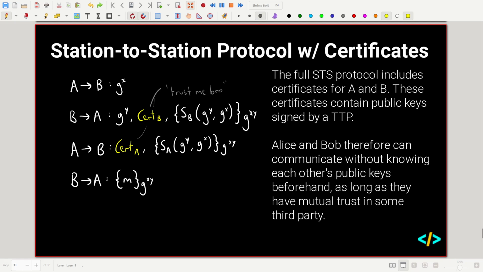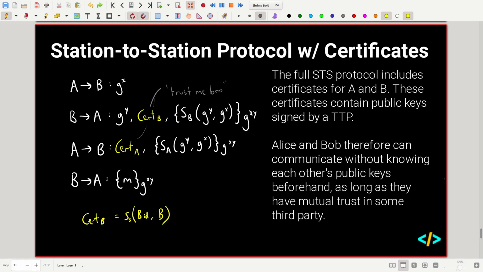That is something they might do, but on a more basic note, a certificate is just signed by the trusted third party. So cert B, for example, is actually just B's identity and B's public key signed by the trusted third party. I'm just calling the trusted third party S in this case.